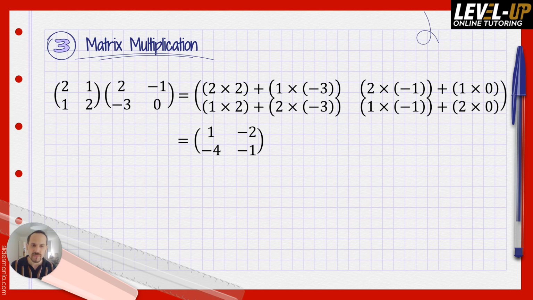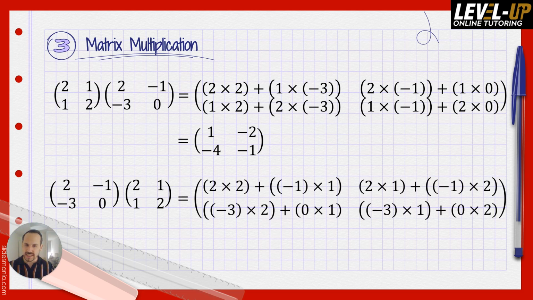One thing you need to be very aware of, one thing that's really important about matrices that perhaps you haven't encountered before with other things like variables or vectors, is that order matters when you multiply them. Say we look at this multiplication, which you might notice uses the exact same two matrices, but we've just swapped the order around. So we're multiplying the other way around. If we use the same method to work this out, which you could try yourself, you should be able to get this, and what you find is you get a totally different matrix.